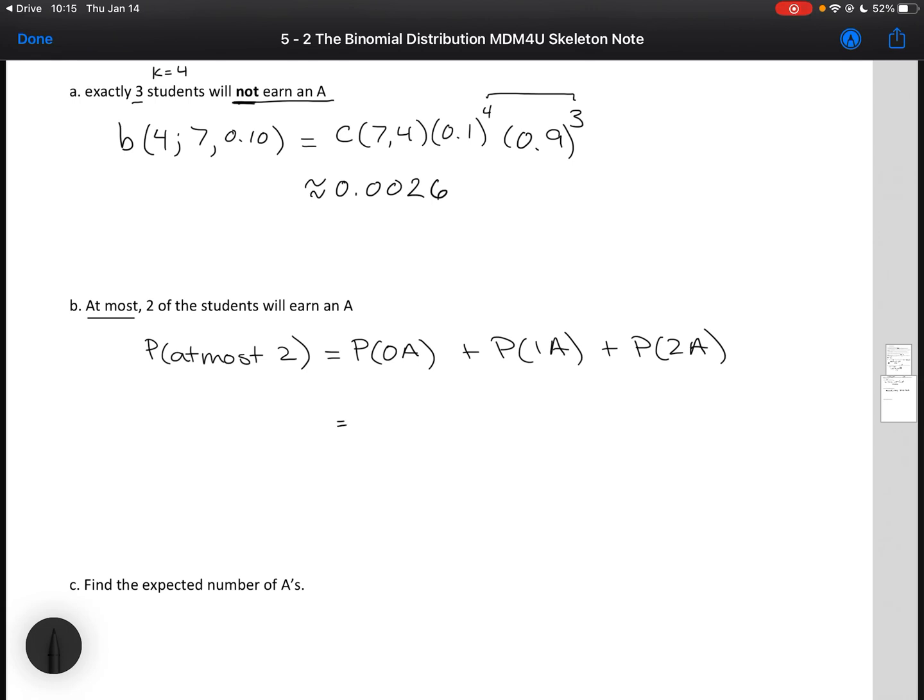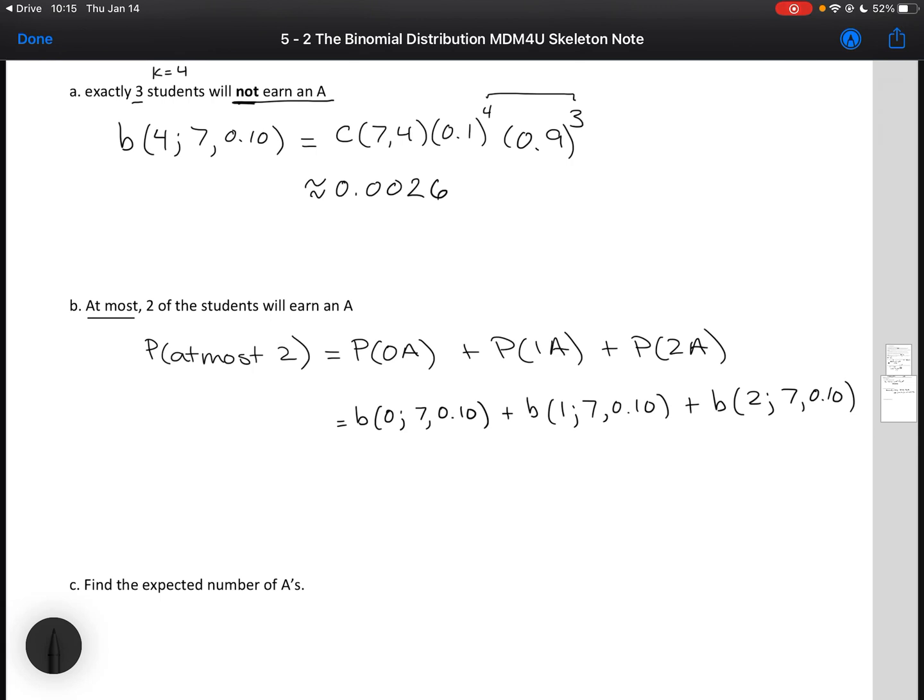And then we can put all those values into our formula here. So we've got 0 successes, 7 trials, 10% chance of success. In our second one, we've got 1 success, 7 trials, 10% chance of success. And then in our third situation, we've got 2 successes, 7 trials, 10% chance of success.